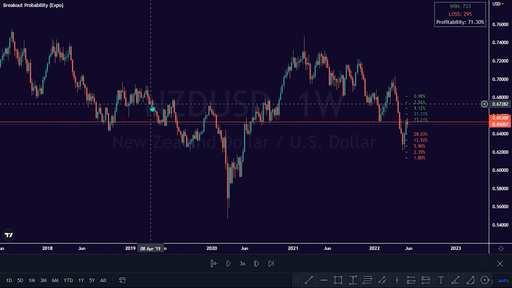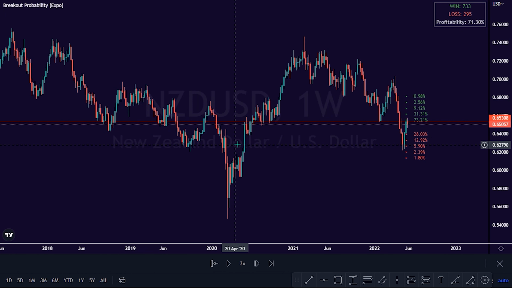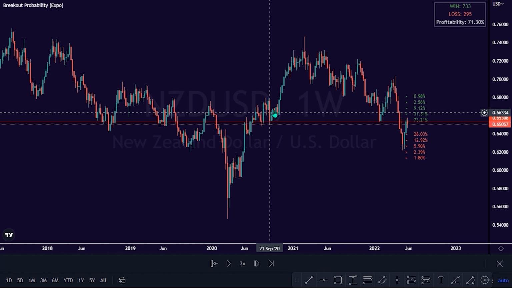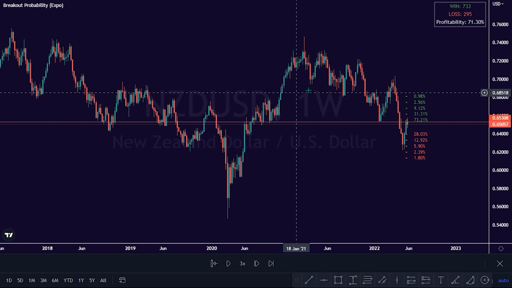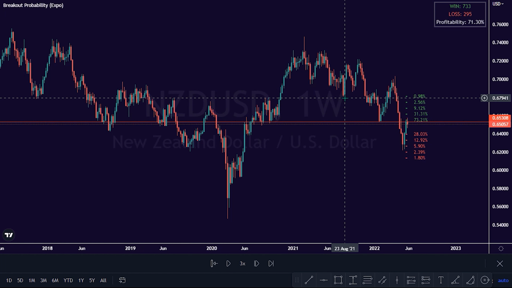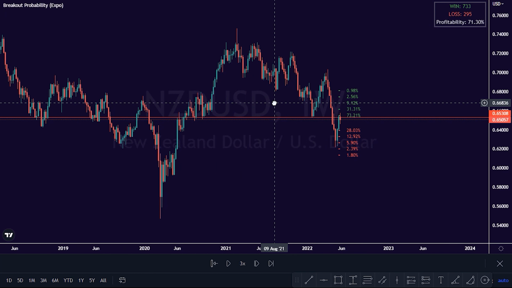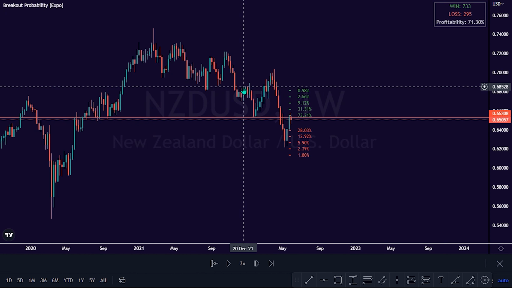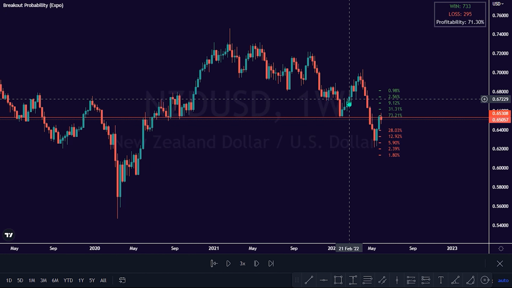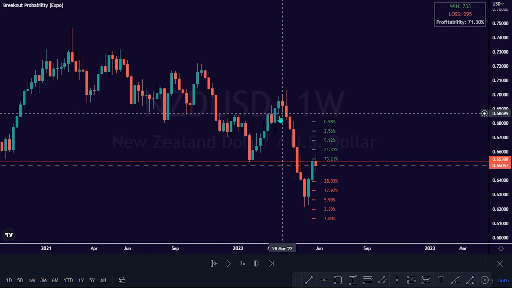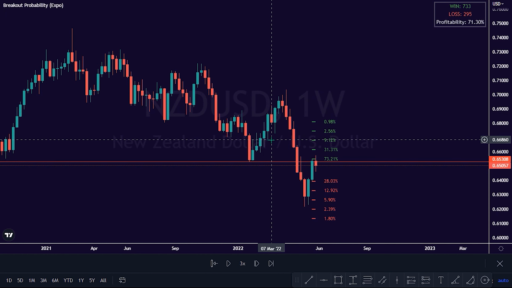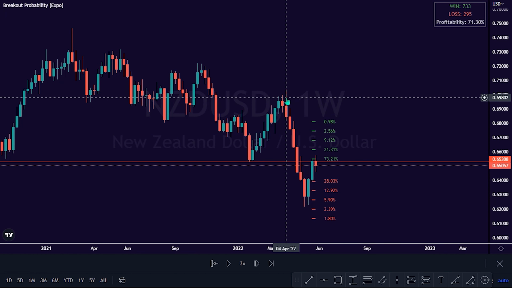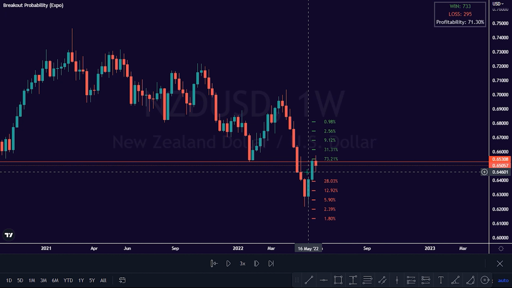To apply this trading indicator for bearish anticipation, look at the daily or a higher time frame to get your bearish trading bias. Then go to a lower time frame and look for bearish setups in that downtrend direction. As we can see, the weekly chart of the New Zealand USD currency pair was in a strong bearish trend.